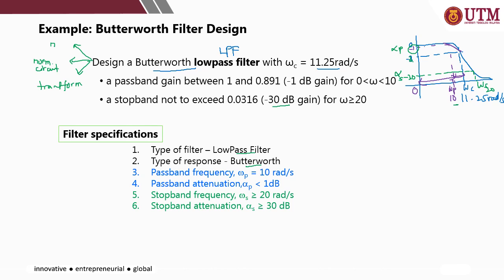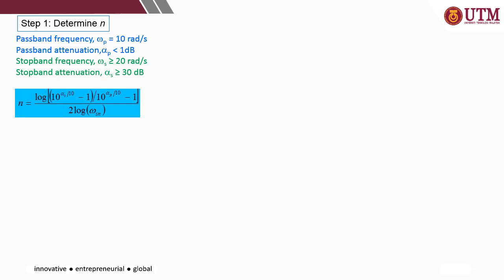Then the stop band frequency is 20 radian per second, and the attenuation is minus 30 dB. So let's look at how to calculate the filter order number. The first step is to calculate n. If you have the equation in hand, then you can just use the equation straight away, or else you can refer to the graph if it is provided.